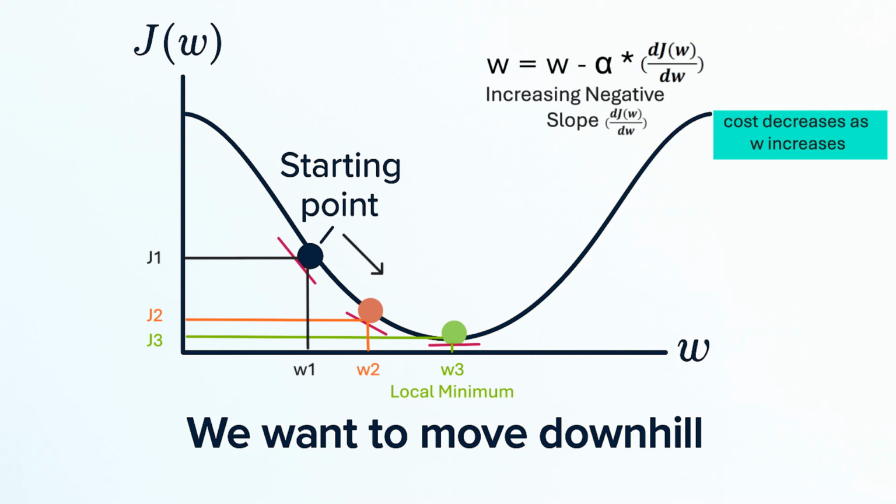So W gets bigger, which means we step to the right, heading toward the minimum. Gradient descent is basically saying, hey, the hill tilts down toward the right. Move that way. Gradient descent continues moving right toward the local minimum until the derivative of J approaches zero and there's no more noticeable change in cost.